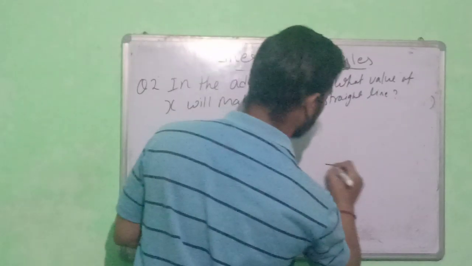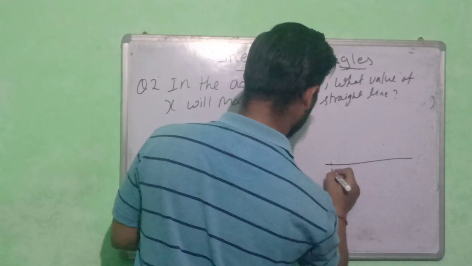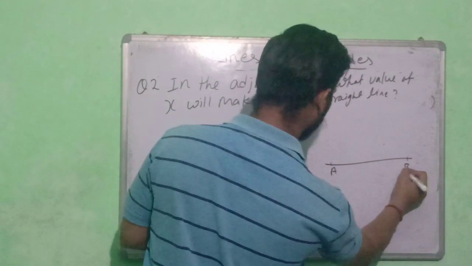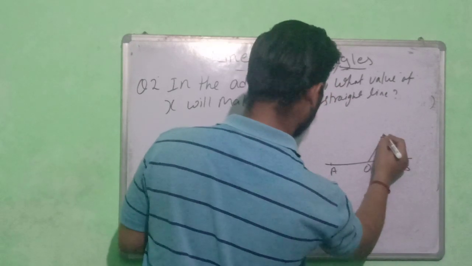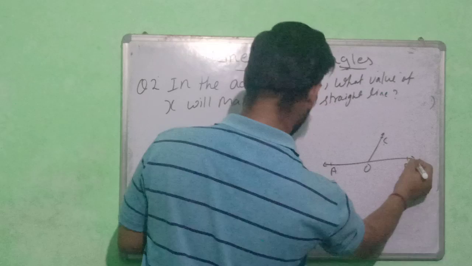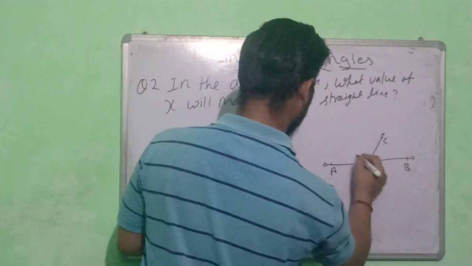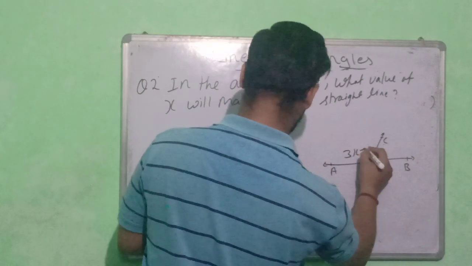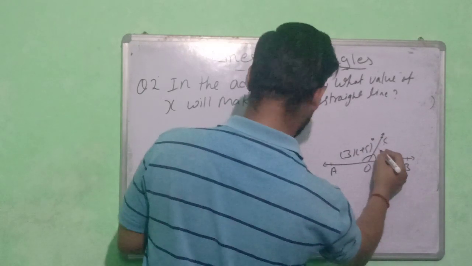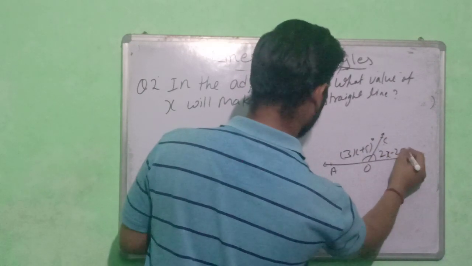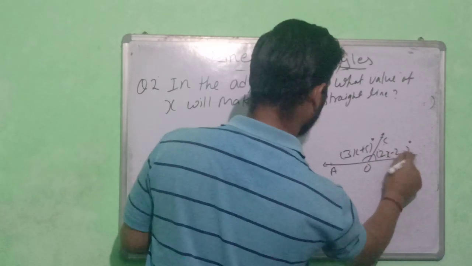Now the diagram is: this is A, this is B, this is O, this is point C, and this is 3x plus 5 degrees, and this angle is 2x minus 25 degrees.